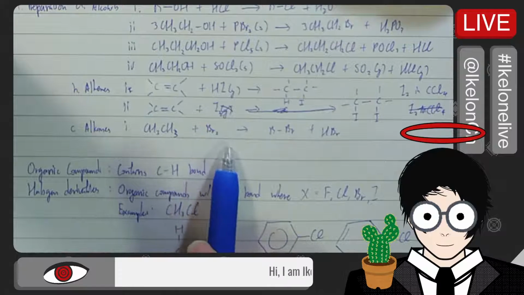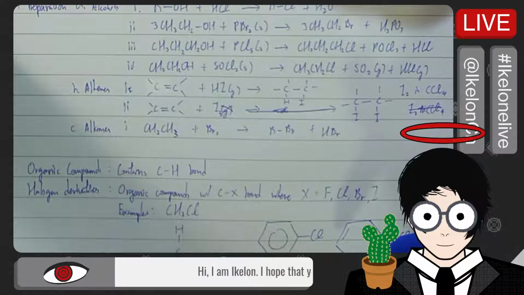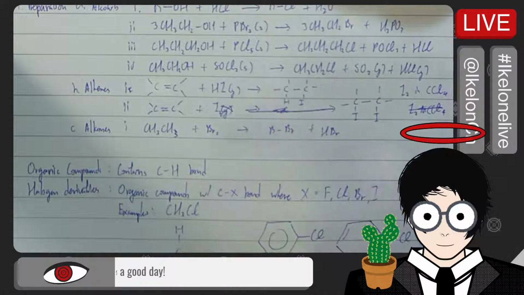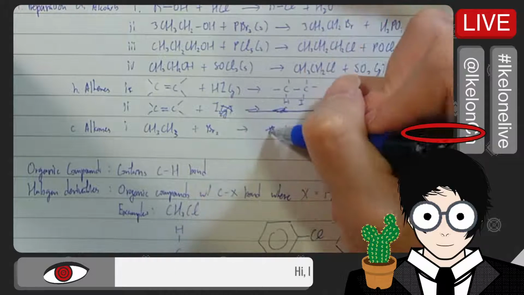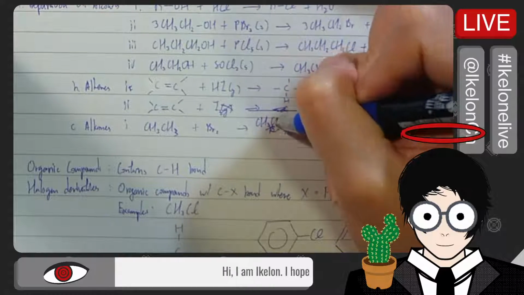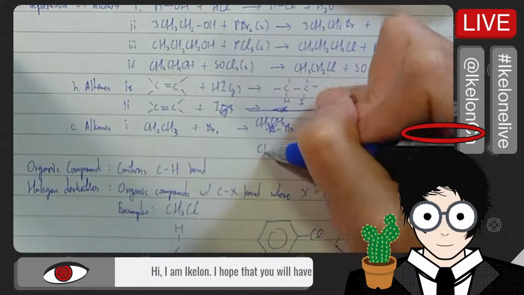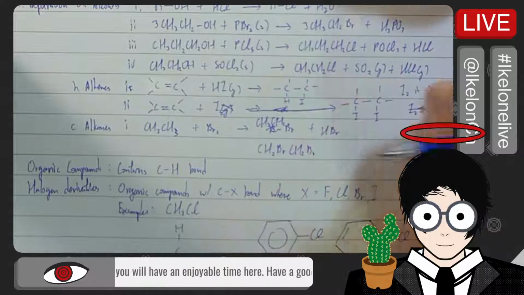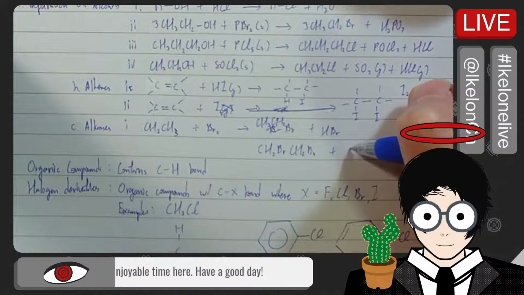Although the problem with alkanes is that you might get more products than you want. It should be CH3CH2Br, but it also could be CH2BrCH2Br plus 2HBr.